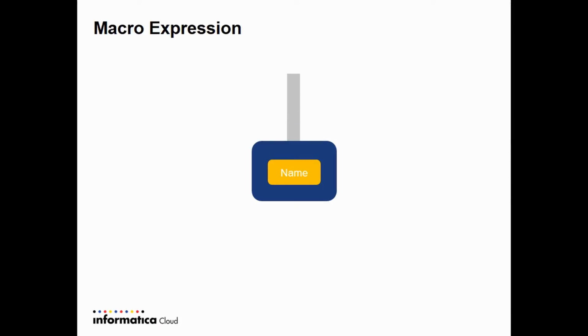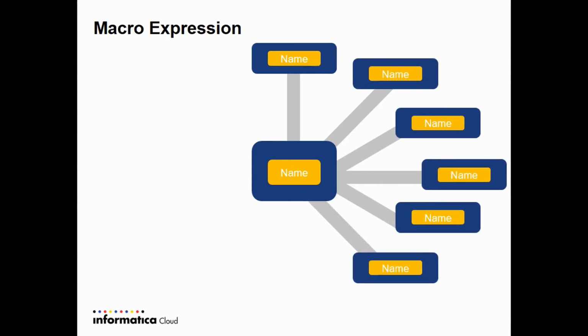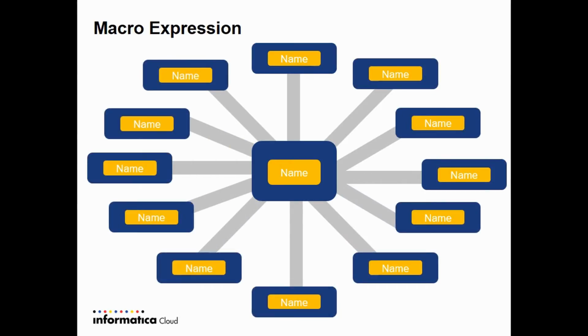For example, if you want to copy a field name from the first field of a transformation and paste it in some other field of the same transformation, let's say you have to perform the same task 11 times. You will have to copy the details and paste it 11 times manually.